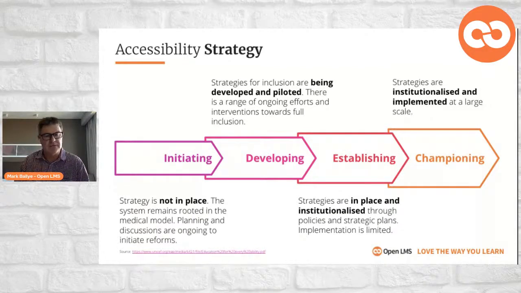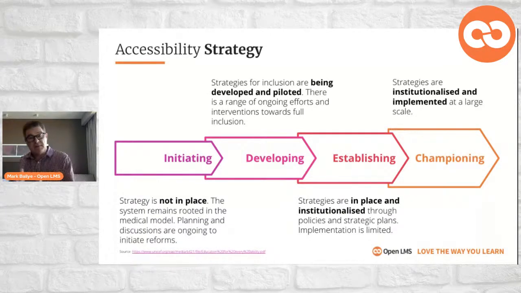Perhaps you're still in the planning stages. Or have you moved on from initiating and are now in the development stage, where you are putting together strategies for inclusion that are being developed and piloted? So you're in that phase.